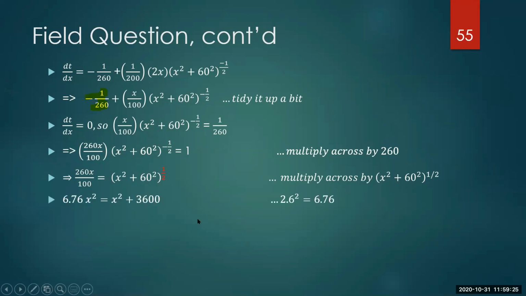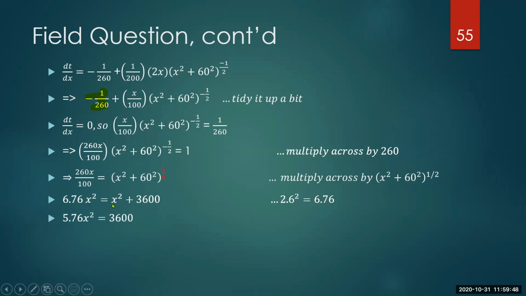And so that becomes 260x over 100, sorry, that becomes 6.76x squared is equal to x squared plus 3,600, because 2.6 squared is equal to 6.76. Okay.